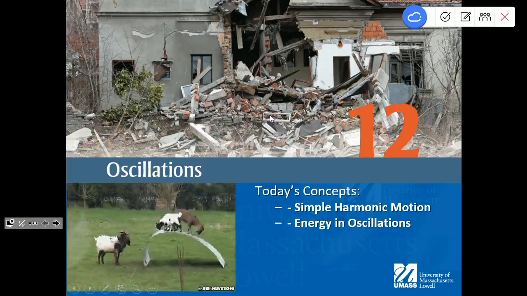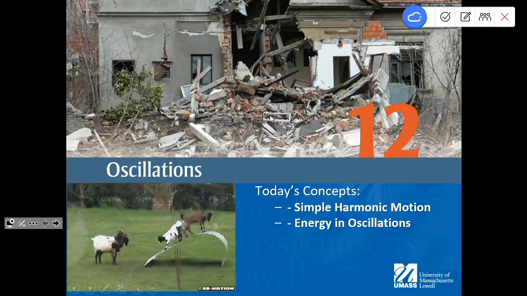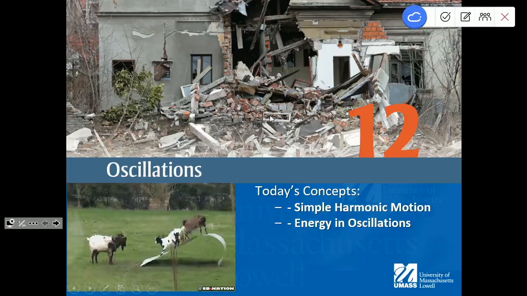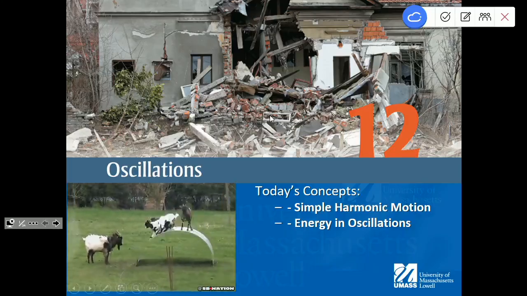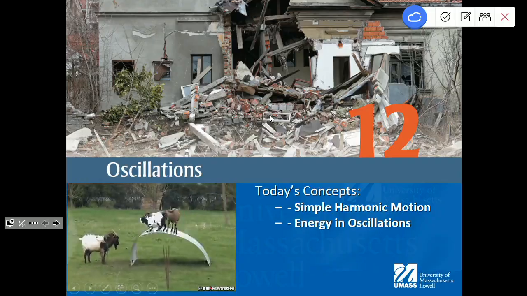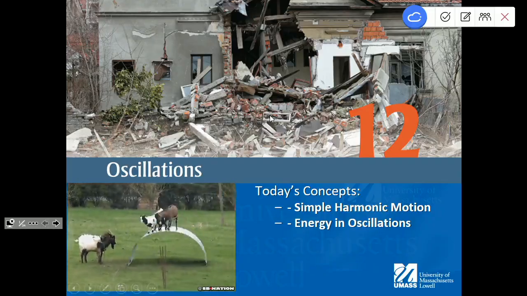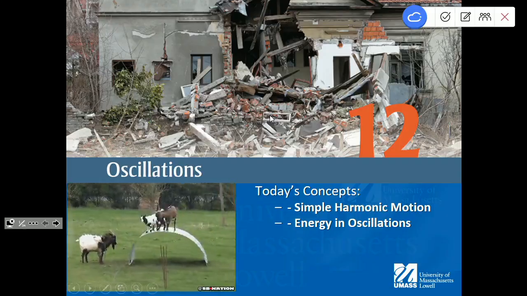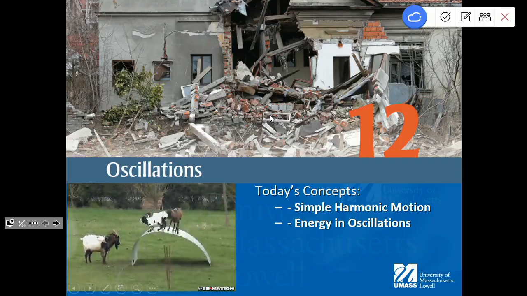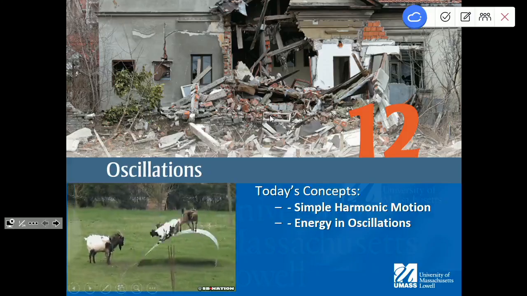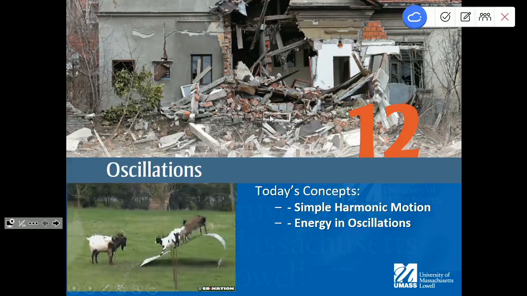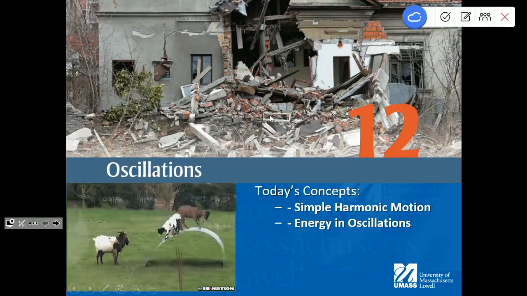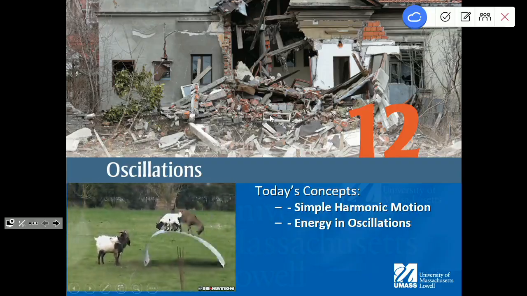The idea here is to try and understand this kind of motion. It's an oscillation, which means it's a back and forth motion about an equilibrium. Now, the first question you should ask yourself on seeing the dancing goats, well, after you ask whether they were harmed during the making of this video, which I believe they weren't, the second question is why are they oscillating about such a position?